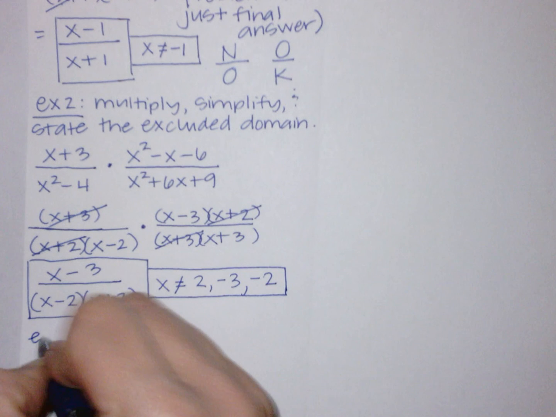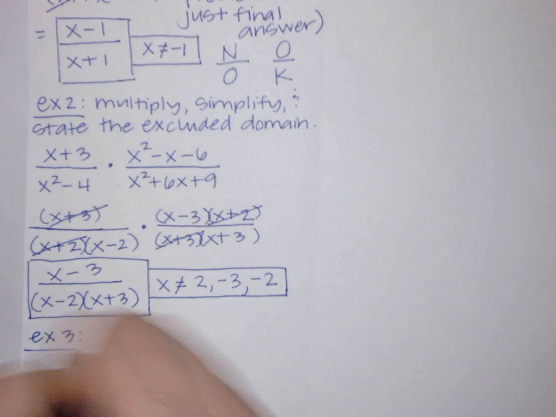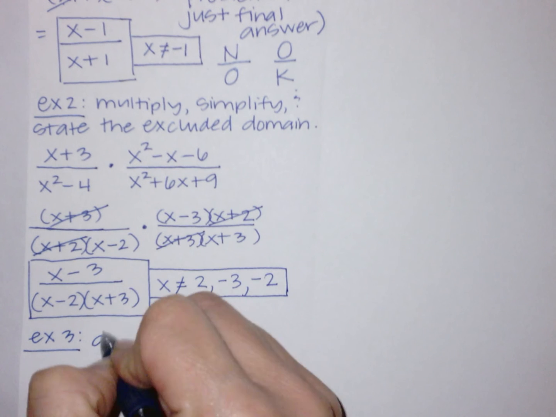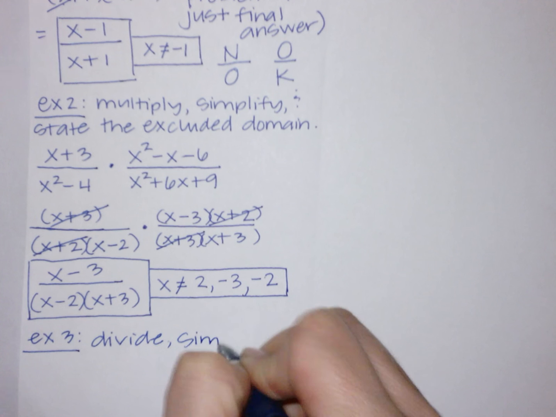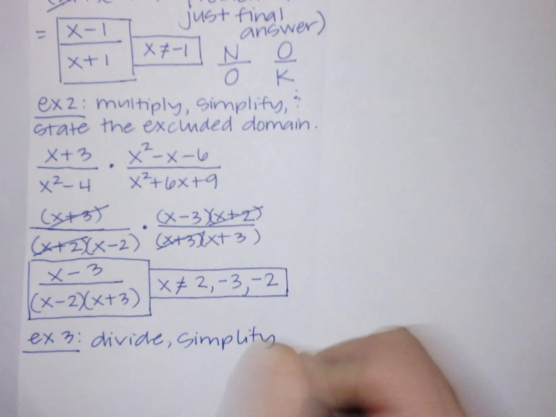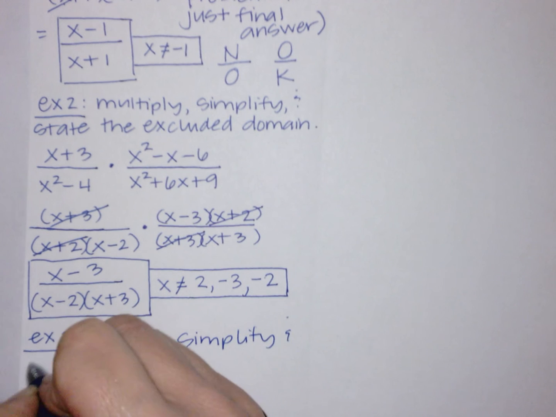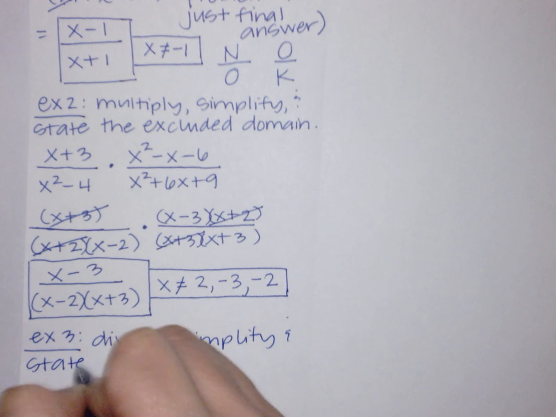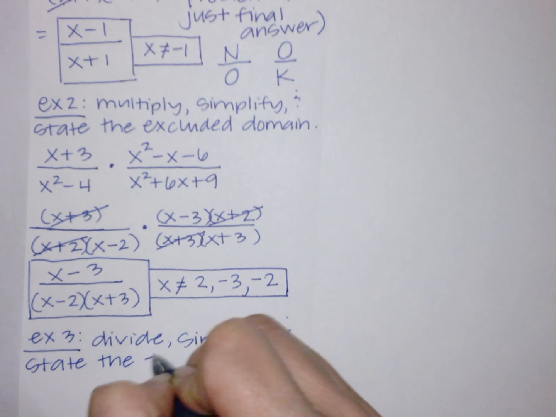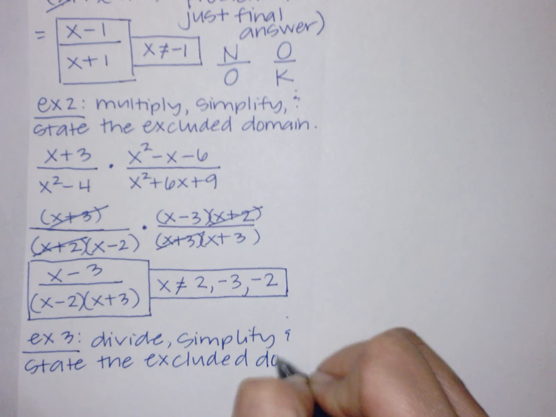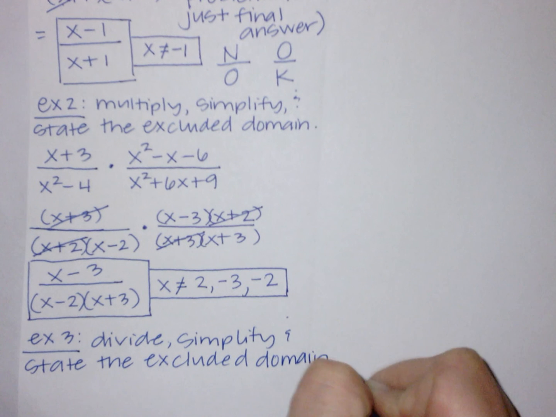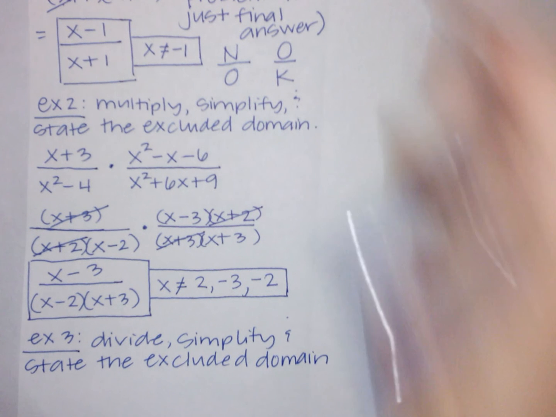Okay, example 3 is going to be to divide, simplify, and state the excluded domain. So dividing with fractions is copy dot flip.